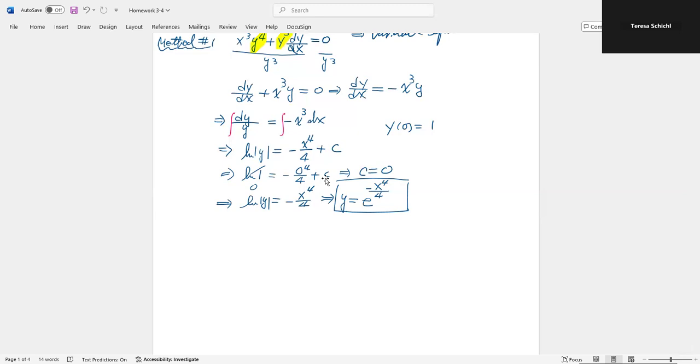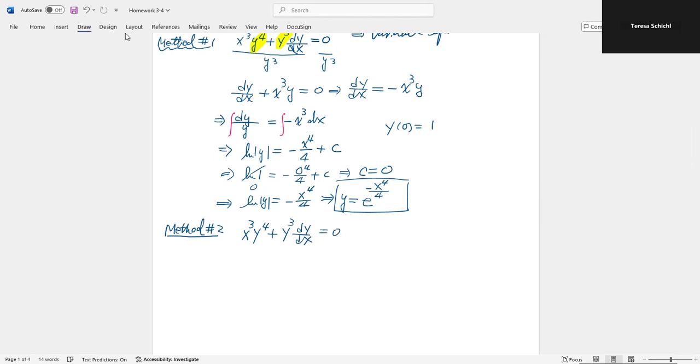Now I'm going to show you how to do it by the other method, just in case your teacher wants this method. This is the one where we use the exact differential equation. Just like we did a while ago, I write this as x cubed y to the fourth, plus y cubed dy dx equal to 0.